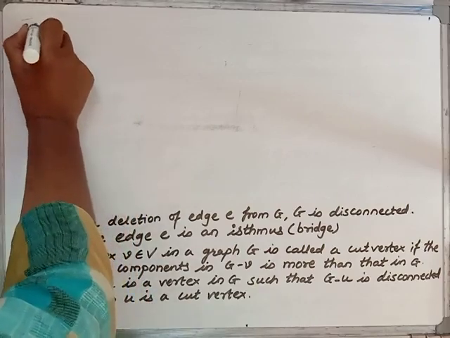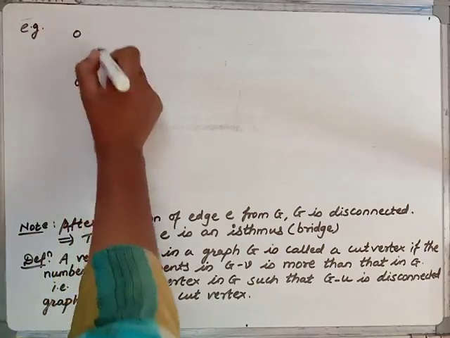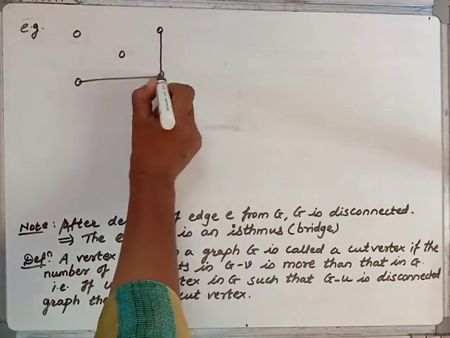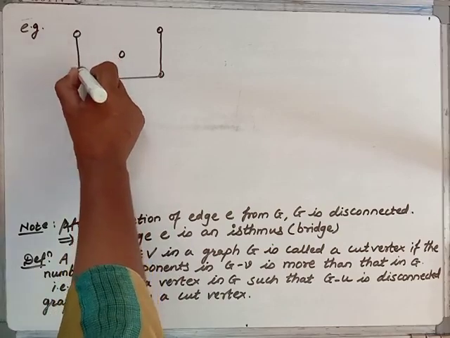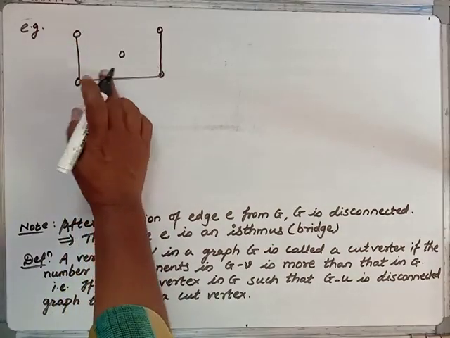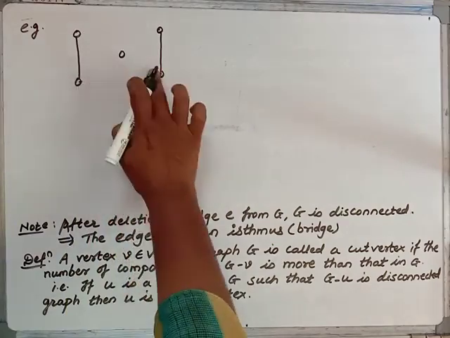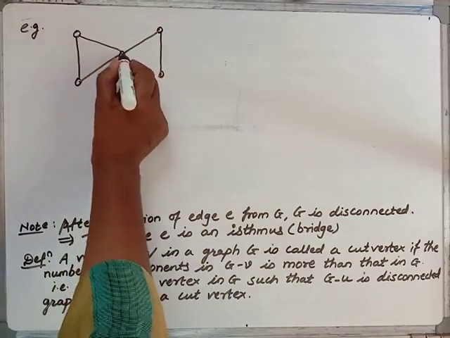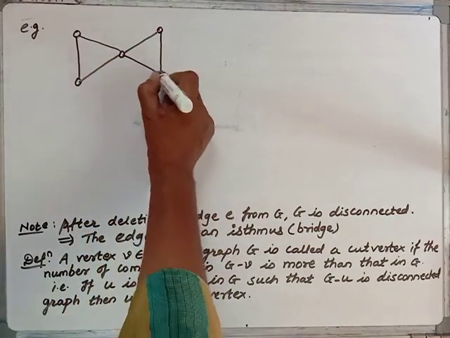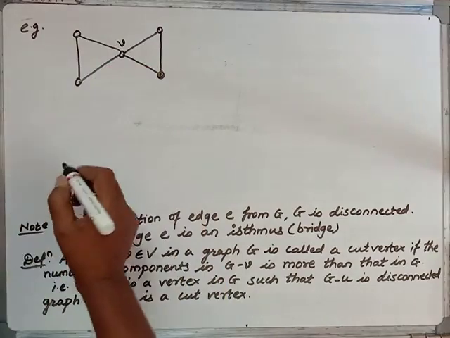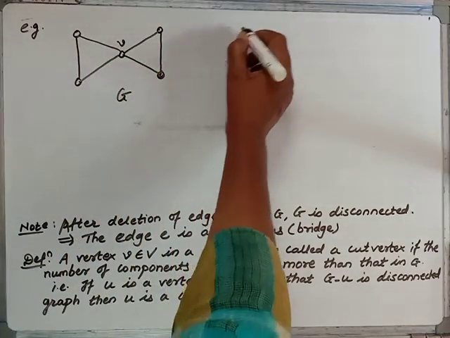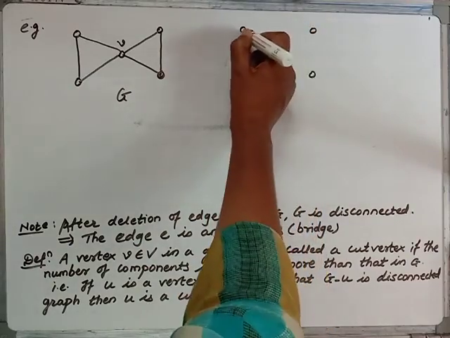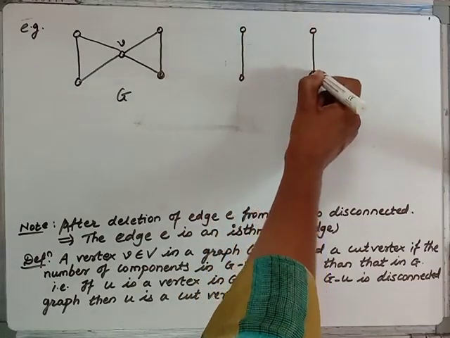Example for cut vertex. Suppose I have the graph. Suppose this is a graph, and suppose this is the vertex V. This is G. Now here I will delete that V, so obviously the edges are deleted.